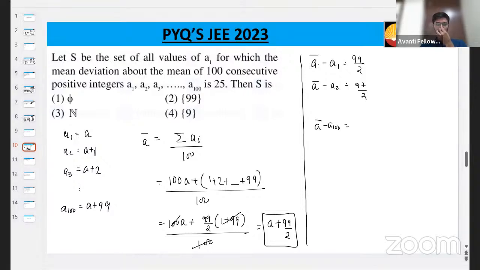I think we did some error, guys. A bar will again be okay. Okay, let me generalize it properly. Then you'll be able to understand.